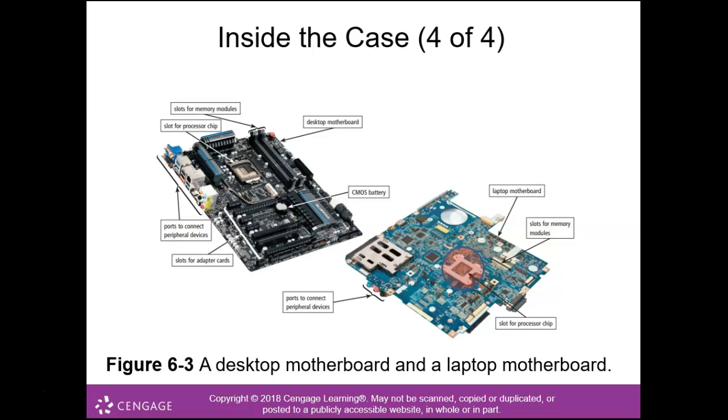The operating system will view, for example, each processor core as its own processor. So a multi-core processor is a single chip with two or more separate processor cores on it.